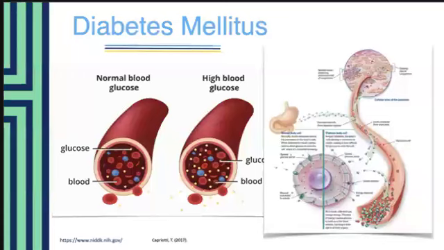So the combination of elevated LDL and a low HDL in type 2 diabetes accelerates the development of atherosclerosis, and that's what increases the risk of cardiovascular diseases like coronary artery disease and even stroke in our patients that have type 2 diabetes. And we see that insulin resistance, the hyperglycemia, also contributes to the endothelial dysfunction and inflammation, and that further exacerbates the atherosclerosis progression.